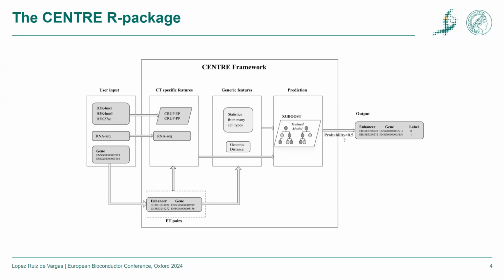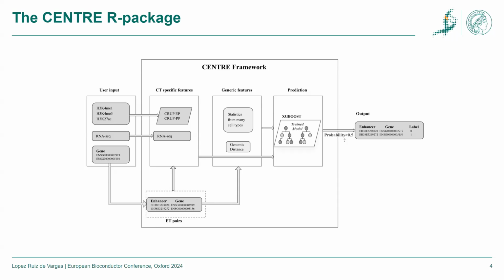When I say features, I'm saying it in the machine learning way. The generic features are genomic distance and cell type agnostic statistics that we computed from very large data sets, many of them publicly available. The cell type specific features are based a lot on CROP, which Persia presented.